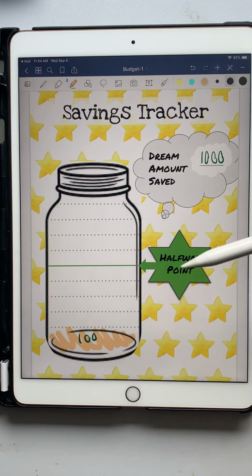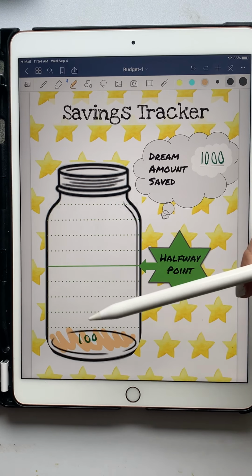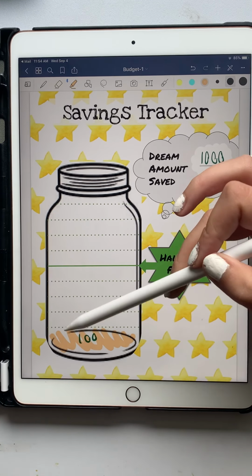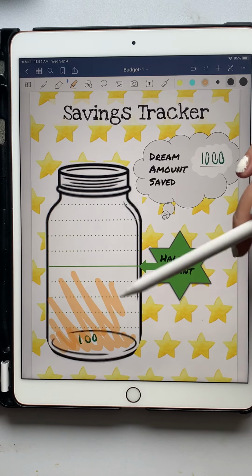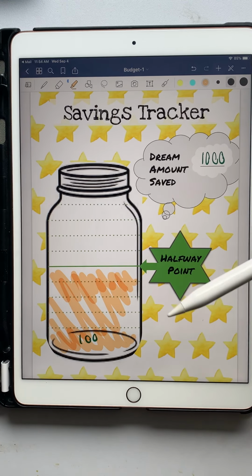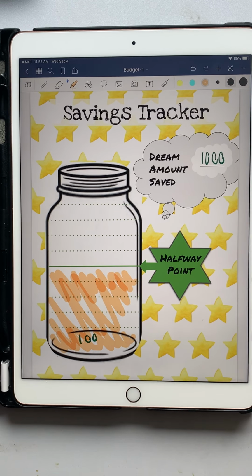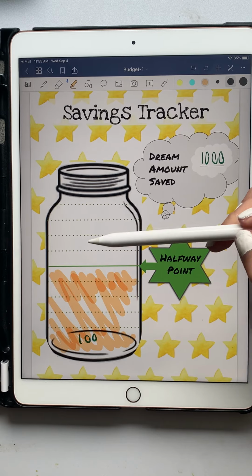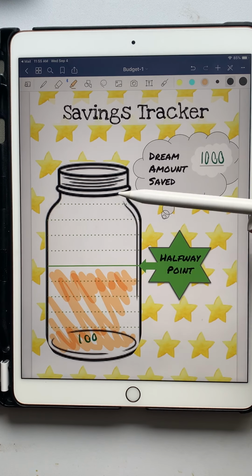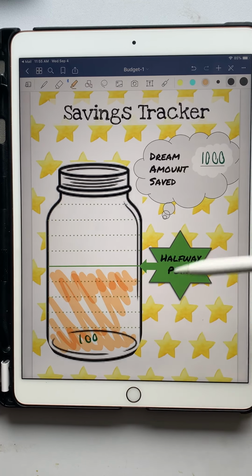If your goal is 3,000 and you saved about 1,500, you can just shade up to the halfway mark. That way you have a relative idea, okay, I'm about halfway, which is really good idea and motivation for you if you know you're almost there, or you're halfway there, or you have a long way to go. Just knowing how hard you have to work.